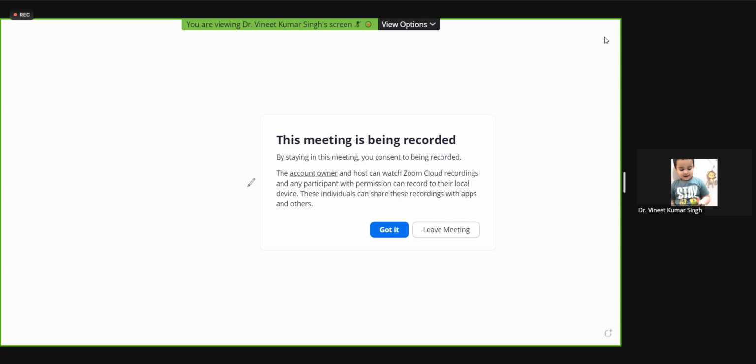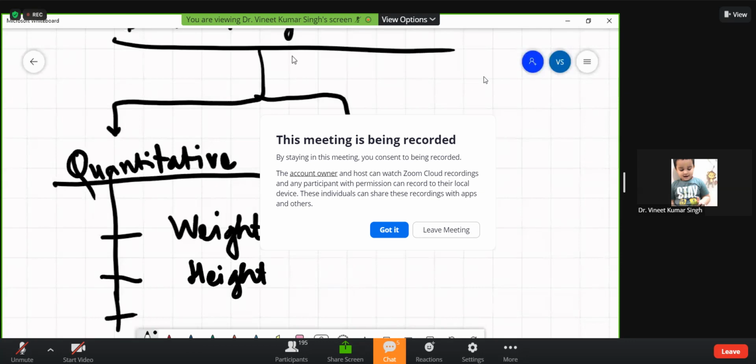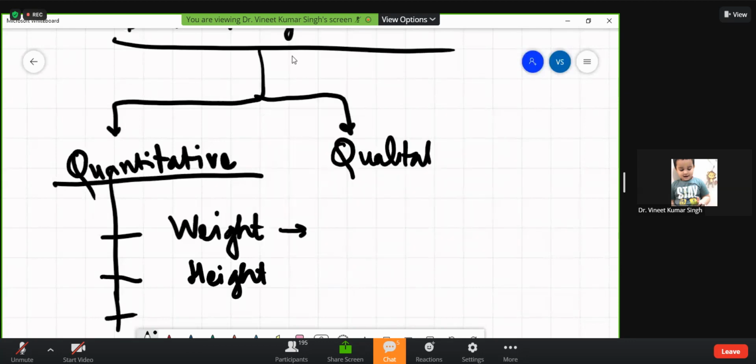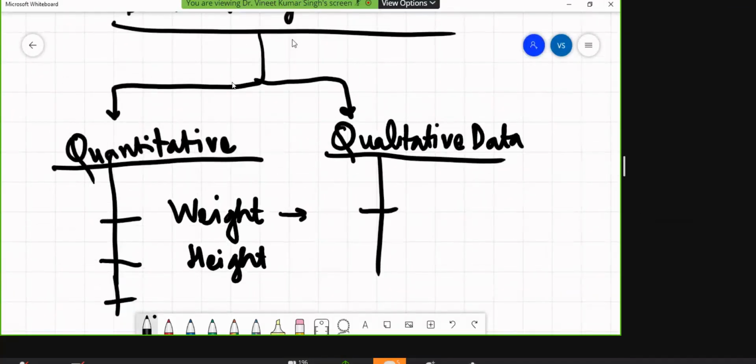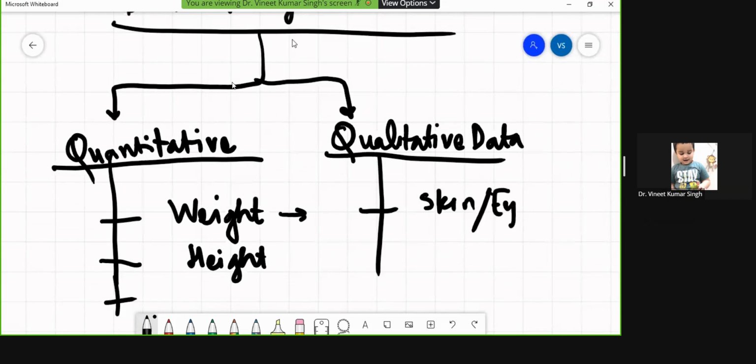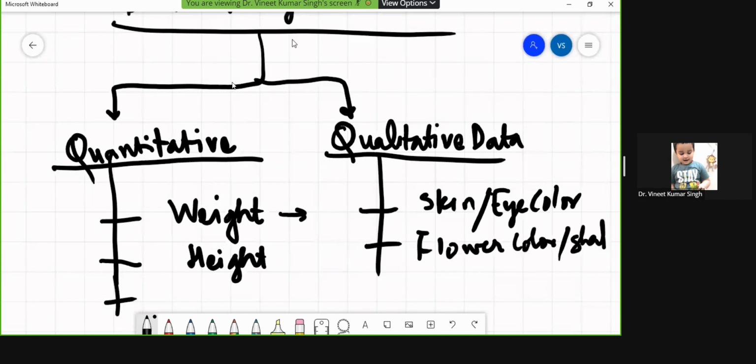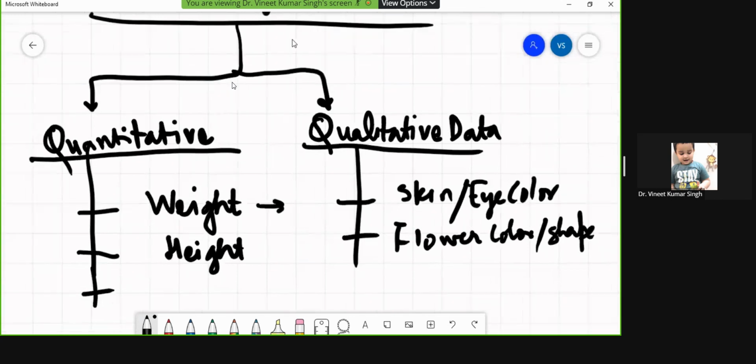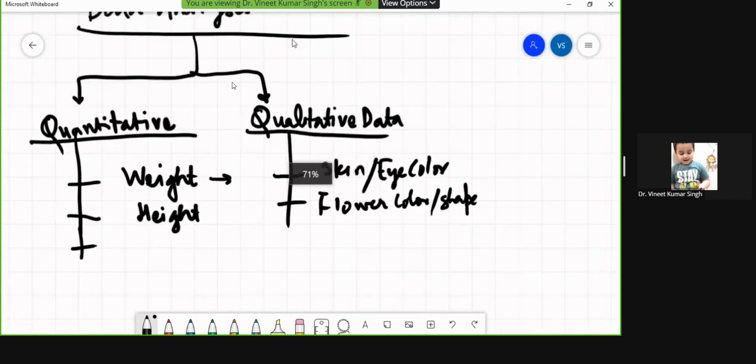Another type of data is qualitative data, which is based on quality, like skin color or eye color, flower color, shape. So these are qualitative data.